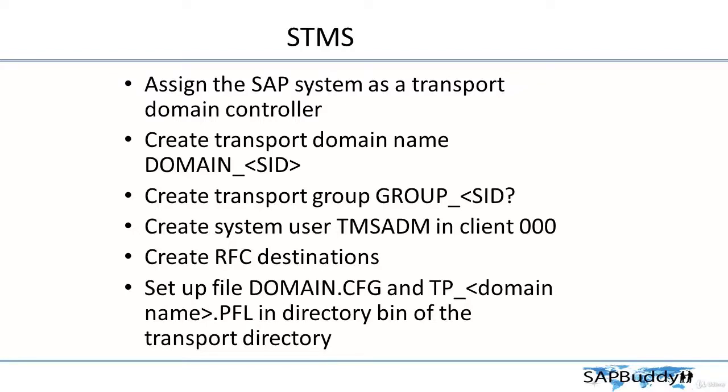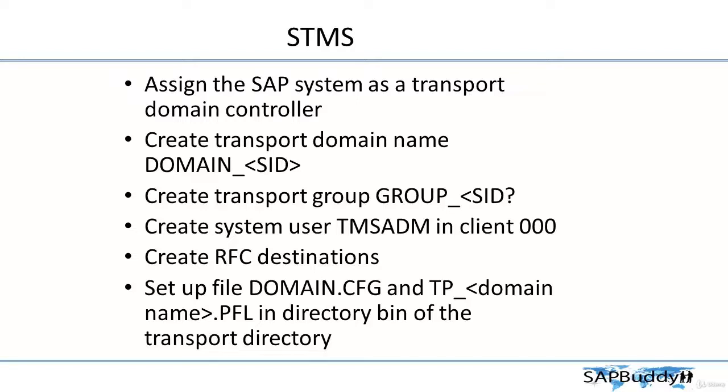When you run STMS, it will prompt you to initialize the SAP system if this is a fresh system. If it is not a fresh system, it will not ask you to initialize the SAP system.